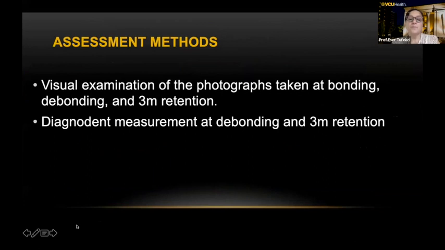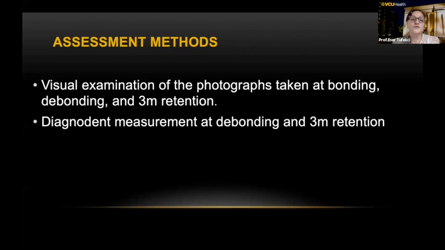The assessment methods were two ways. First, we did visual examination. It's not only her. We had three clinicians, one orthodontist, one pedodontist, and one general dentist, all calibrated, examining the photos visually for the presence or absence of white spot lesions.